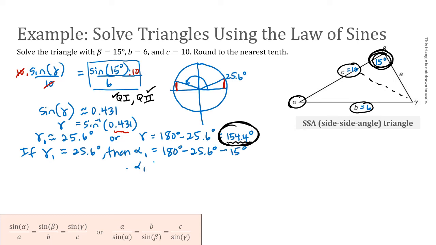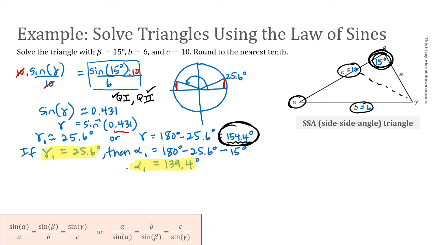So alpha sub 1 becomes 180 degrees minus 25.6 degrees minus 15 degrees, which is 139.4 degrees. So if gamma is 25.6, then alpha is 139.4.